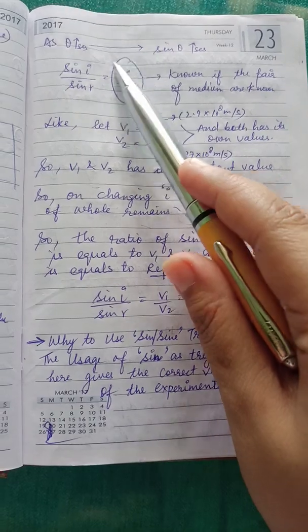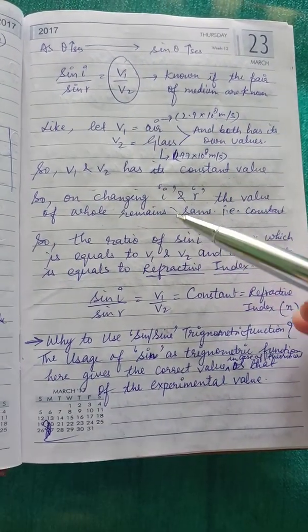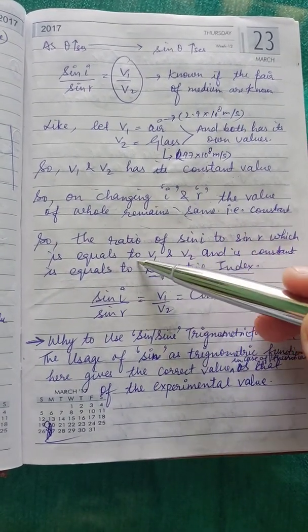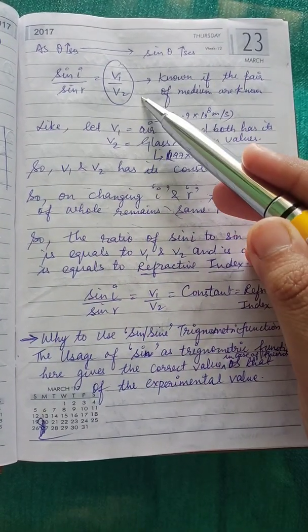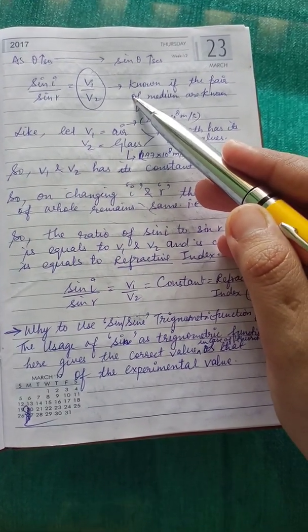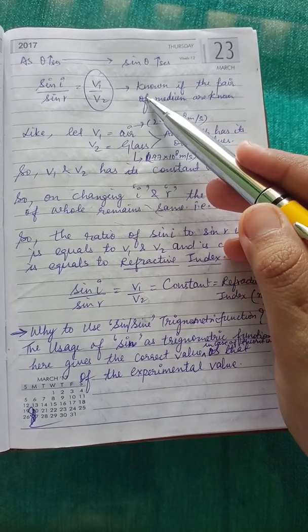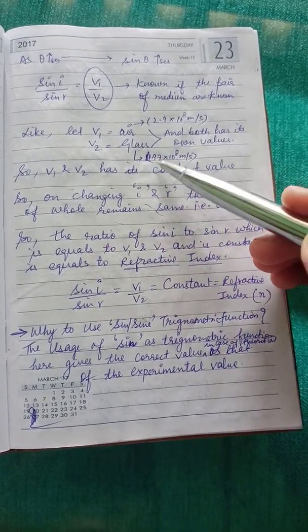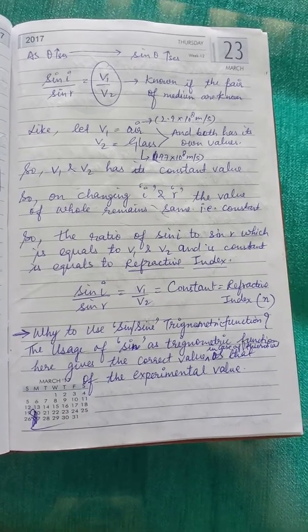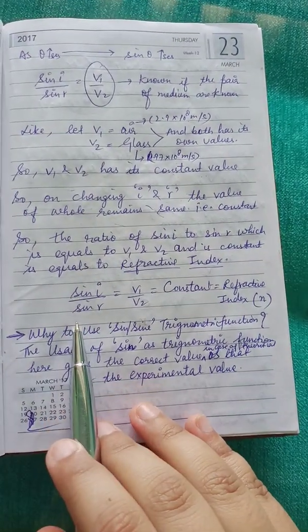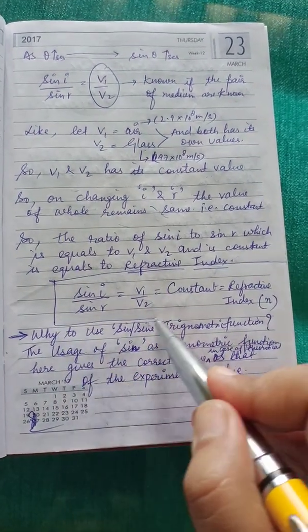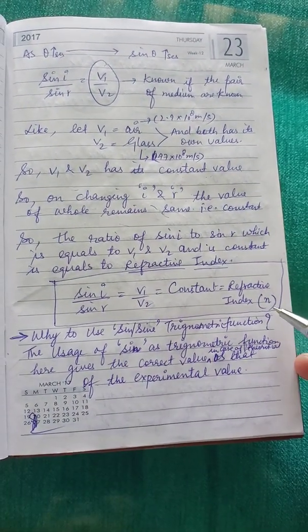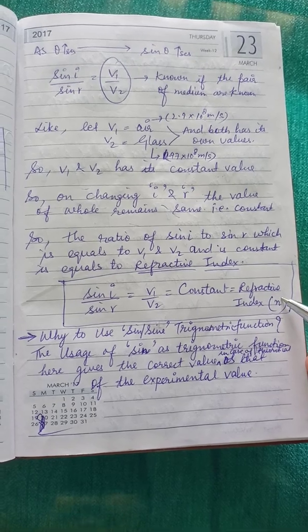So what you calculate from here is that the ratio of sine i to sine r is equal to v1 by v2, which is equal to a constant. And when it becomes constant, it is equal to the refractive index. This is our refractive index. Sine i upon sine r is equal to v1 upon v2 is equal to constant, which is equal to our refractive index, which can be denoted by the symbol small n.